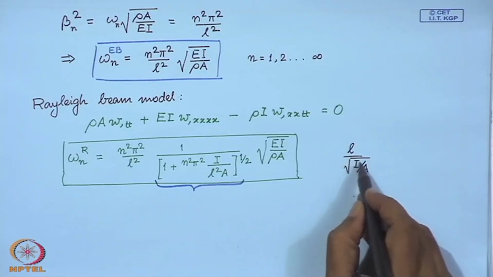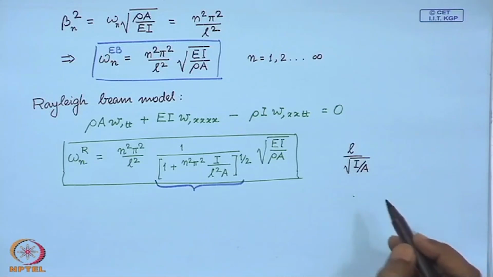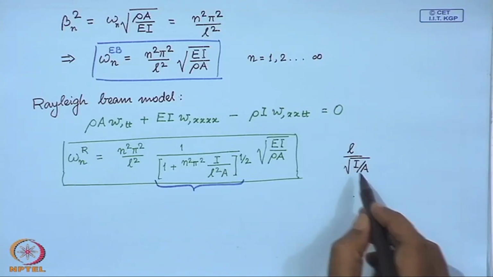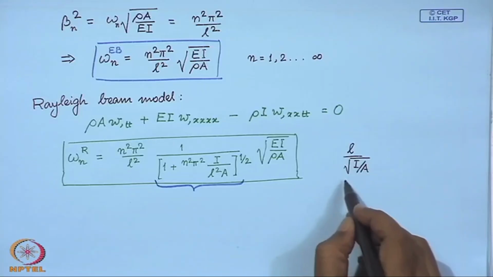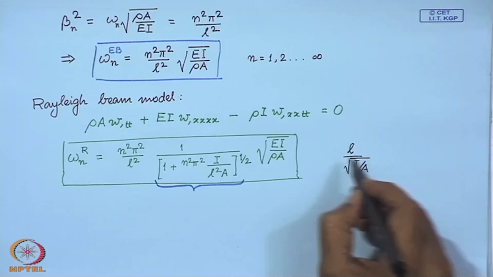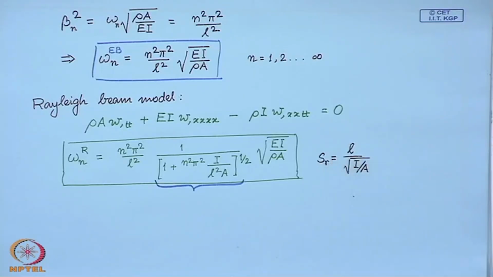The second moment of the area about the neutral axis I over the area of cross section of the beam. Now, this I over A is the radius of gyration square. So, under root of that is the radius of gyration. Now, length over the radius of gyration can be defined as the slenderness ratio.